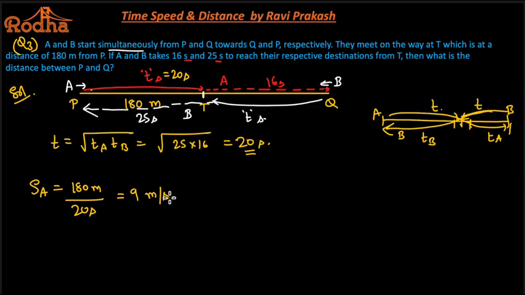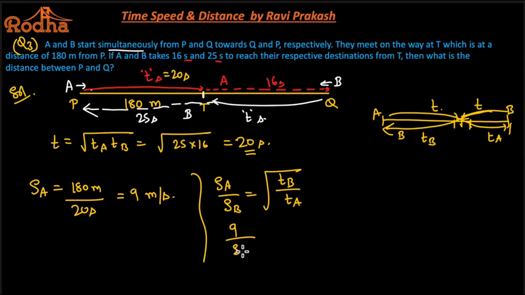Once I have got the speed of A as 9 meter per second, I want the distance between P and Q. We have got that relation also, so I can use it: SA upon SB is equal to under root TB upon TA. SA is 9, SB I don't know, under root TB upon TA, so TB is 25 upon 16, that is 5 by 4.